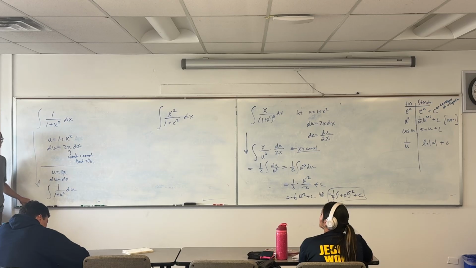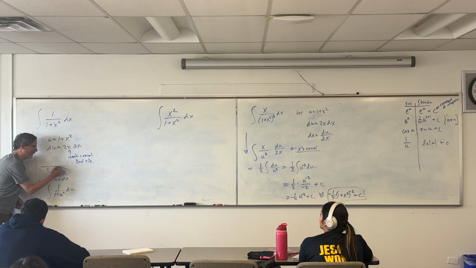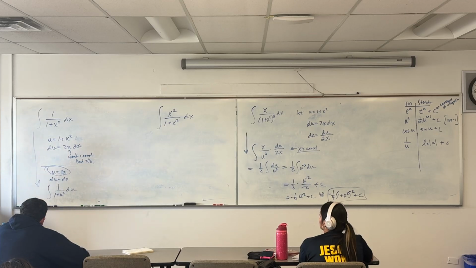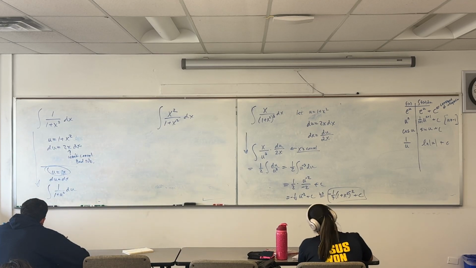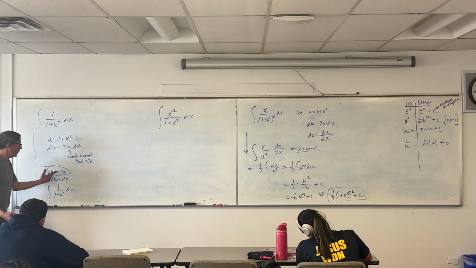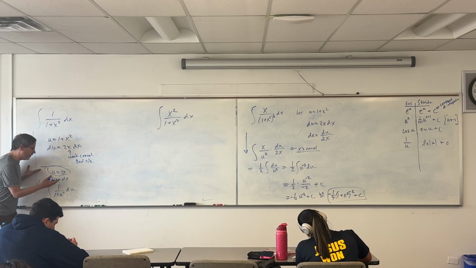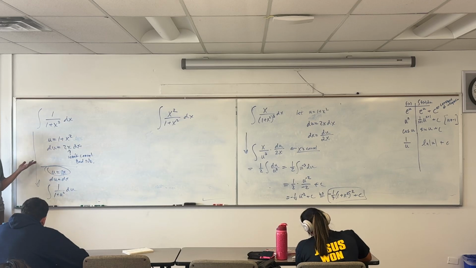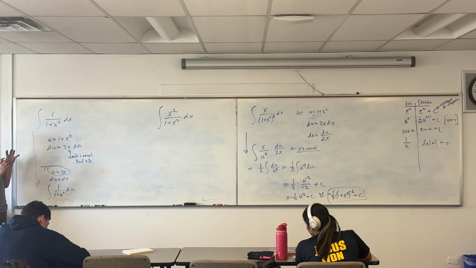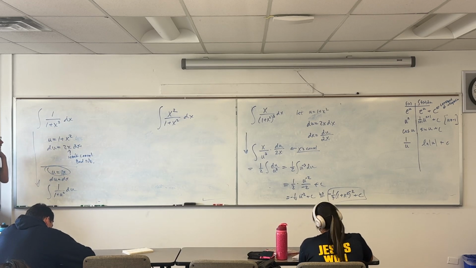Oh, it's the same problem, just in a different letter. So this is a substitution you never really want to make, unless you like writing things in new variables the hard way. You're never going to let u be x or whatever your variable is, because it just rewrites your integral. It doesn't progress or hide any details.